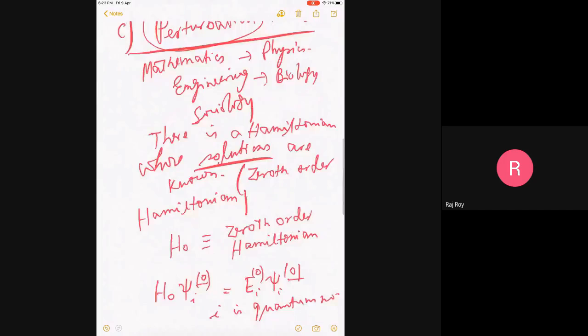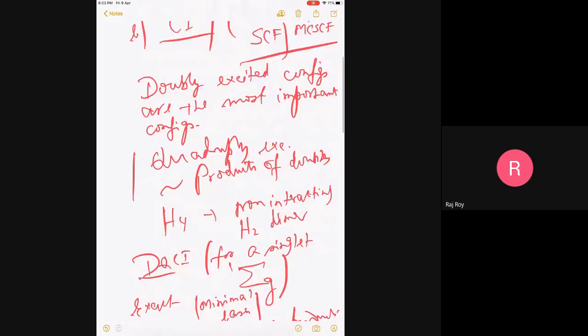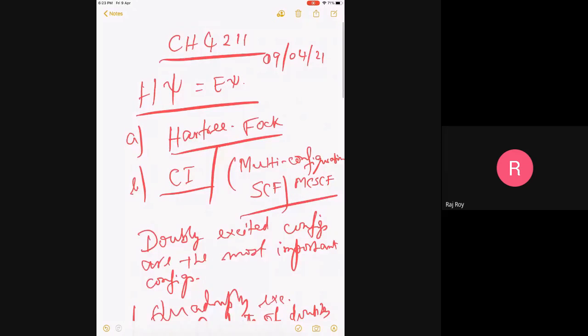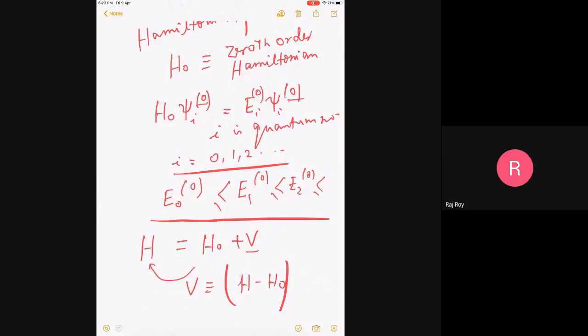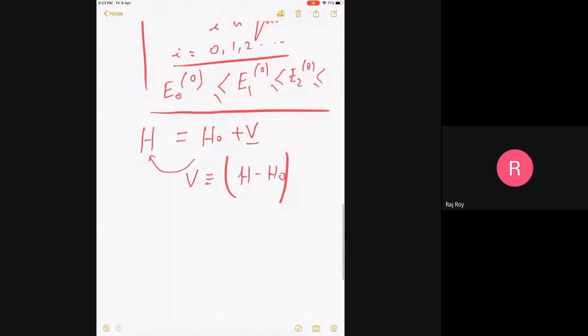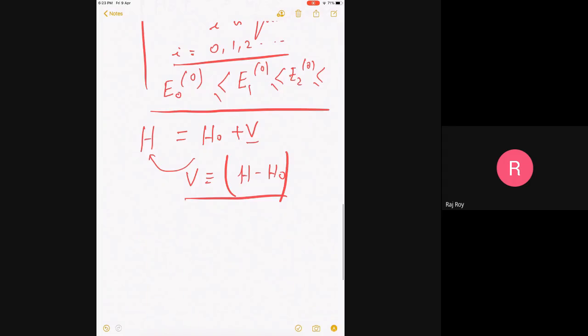H is my physical Hamiltonian, which is known, which is unsolvable exactly. H naught is something that I have identified. Now this is an identification. How to identify best, we'll see. It is a 0th order Hamiltonian whose solutions are known. Then automatically I will define my perturbation as H minus H naught.